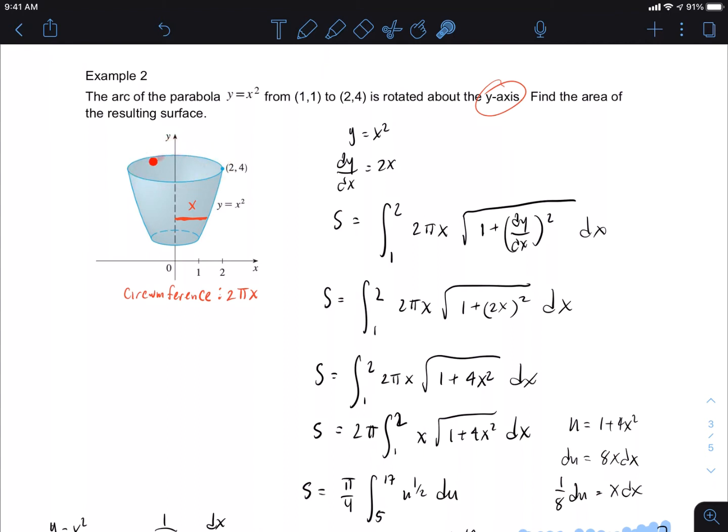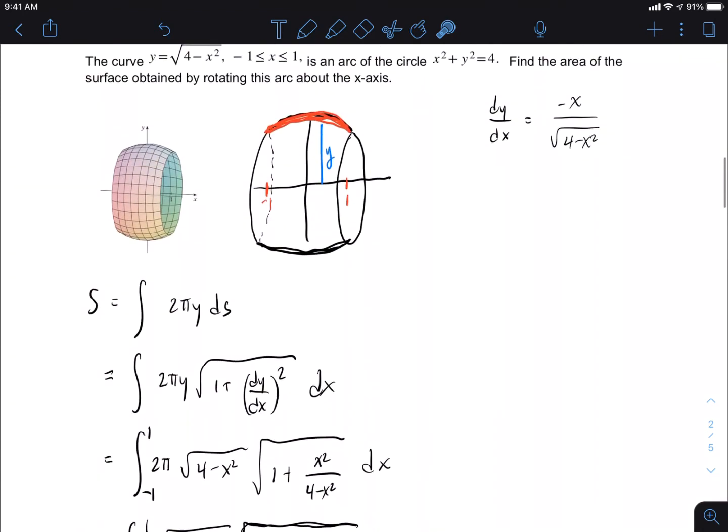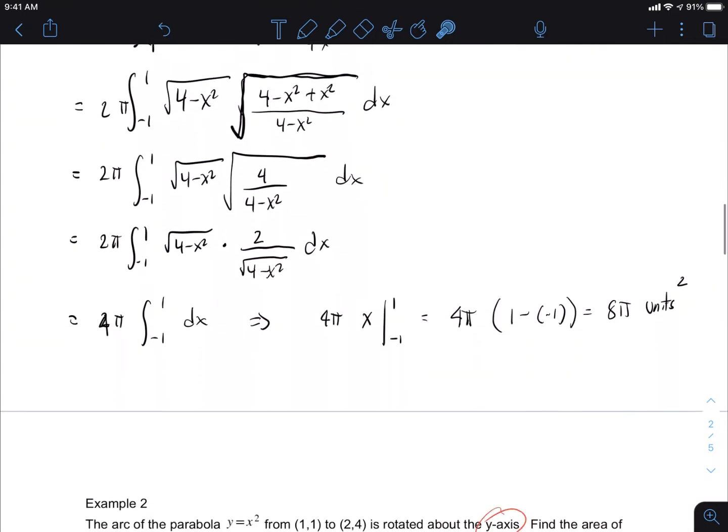So if this is the axis of rotation, this is the radius. If it's parallel to x, it's an x radius. In this one, we see the rotation is this way. The radius is this way. It's parallel to y, and so it's a y radius. Okay?